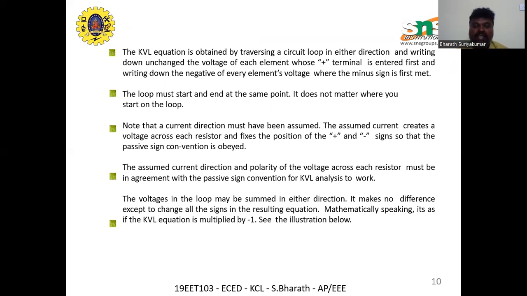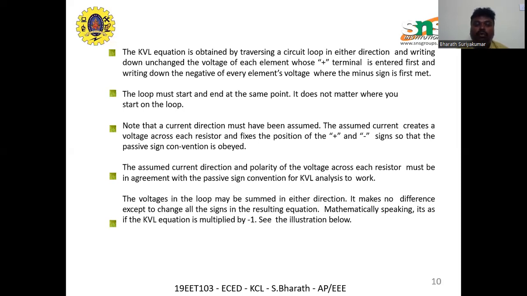Note that a current direction must have been assumed. The assumed current creates a voltage across each resistor and fixes the position of the plus and minus signs so that the passive sign convention is obeyed. The assumed current direction and polarity of the voltage across each resistor must be in agreement with the passive sign convention for KVL analysis to work.